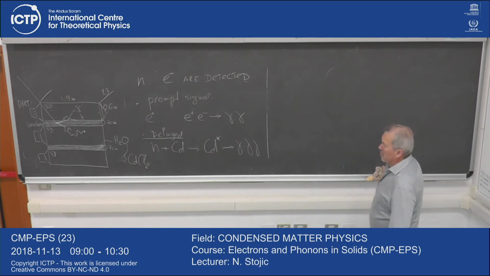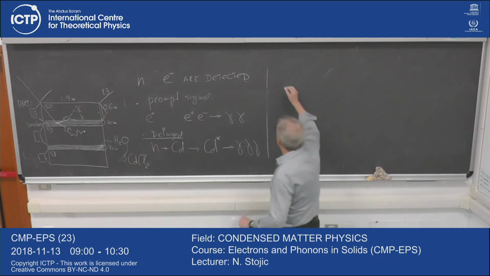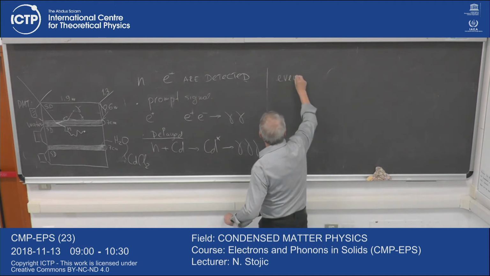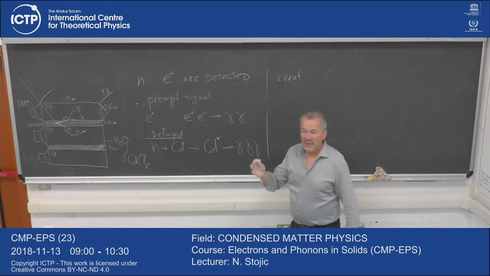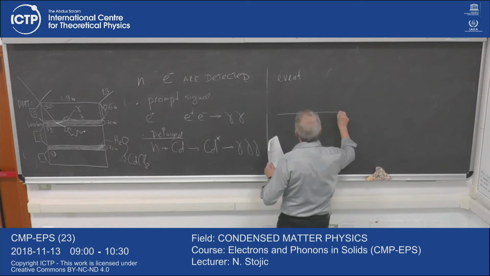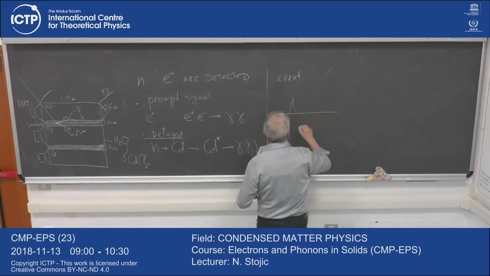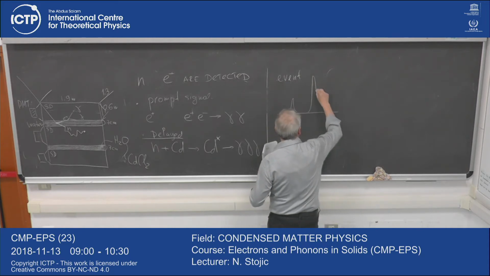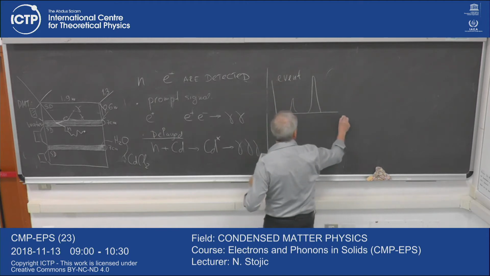And so the event which we are observing consists of two pulses. One is produced by the positron, and then there is a delayed one, and the bigger one. This is electric pulse, and this is time.